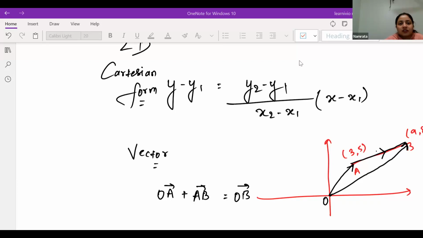Have you done the vector chapter? Okay, no one knows this triangle law. Okay, let me explain this law at first. Just a moment.